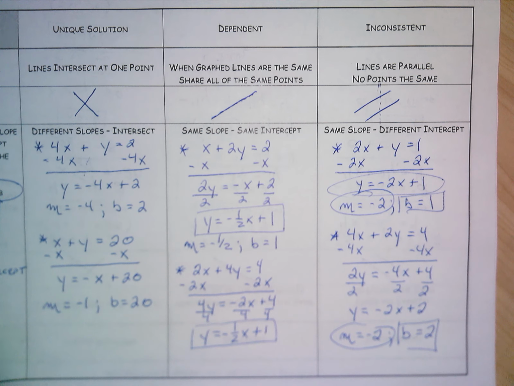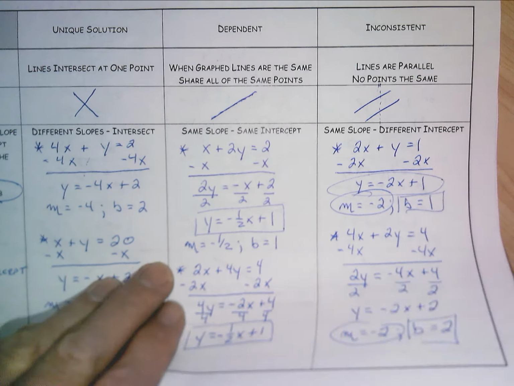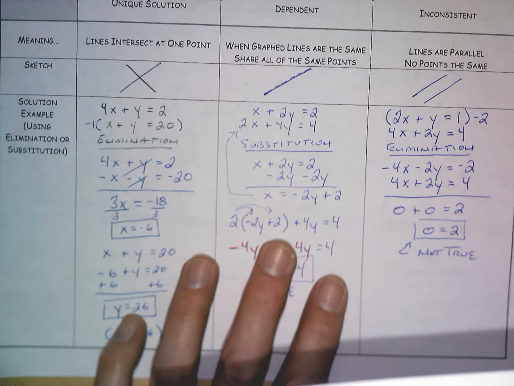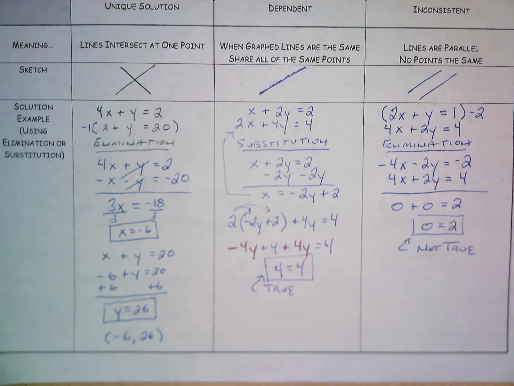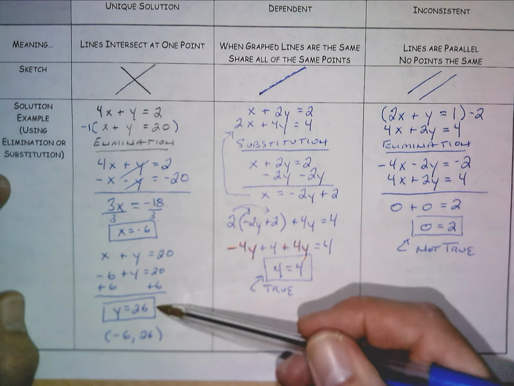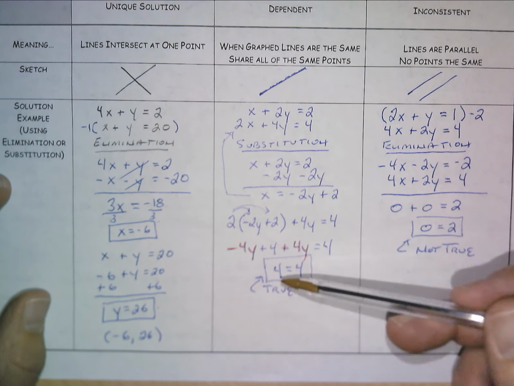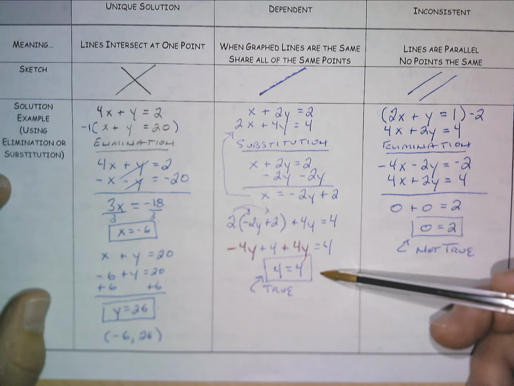So, what have we done? If you decide to solve a system of equations with elimination or substitution, you can get a solution. You can get a point where they cross. You can get something that looks like this, where you have two numbers or two terms that are the same, set equal to each other.